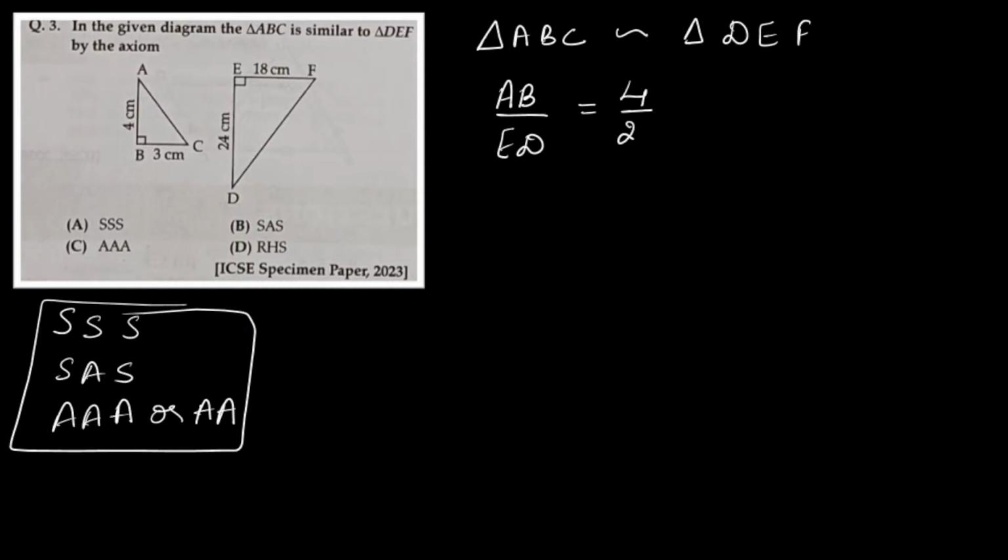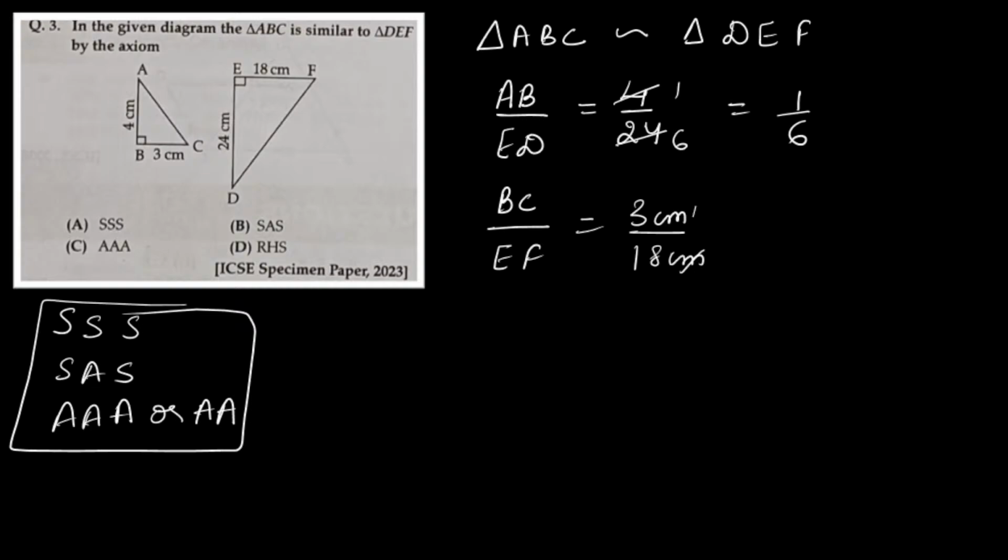ED is 24. If I find this ratio, this will be 1 by 6. If I find the ratio of BC by EF, BC is 3 centimeter and EF is 18 centimeter. So again 1 by 6 you will get after doing cancellation.